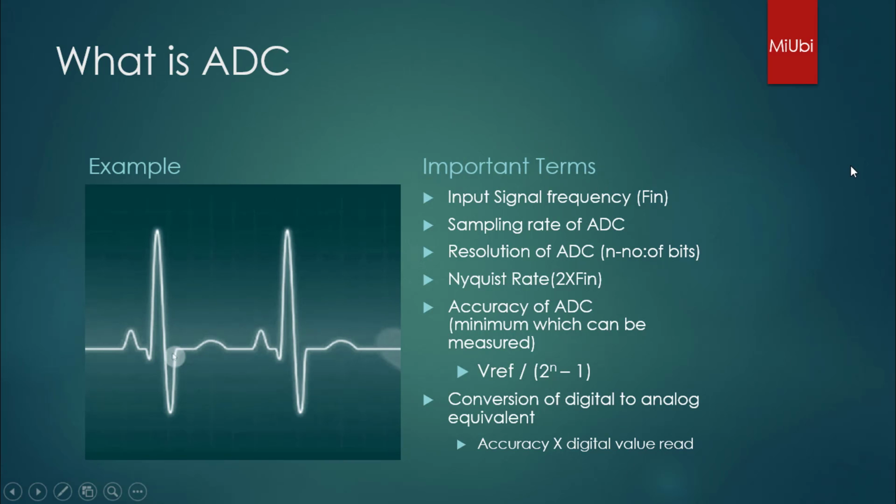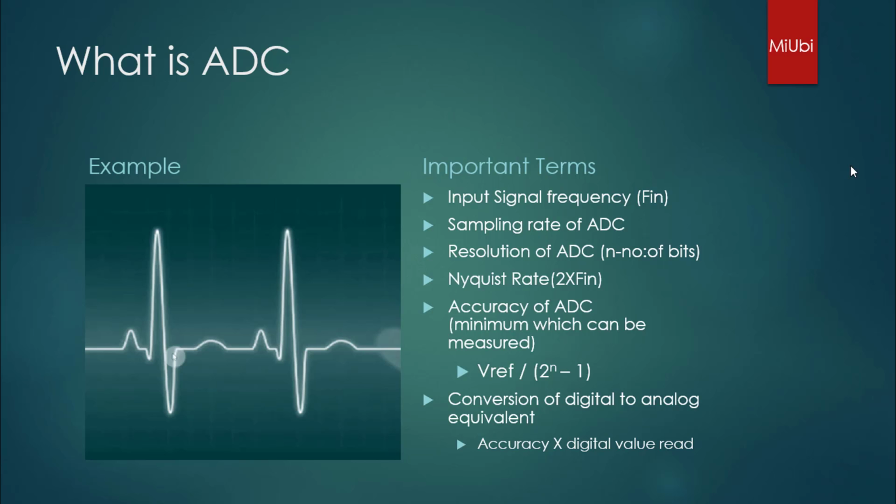So the main aim of the ADC is to convert an analog signal into a digital equivalent, so that it can be reconstructed back also. The important terms for an ADC are the input signal frequency and the sampling rate of the ADC.